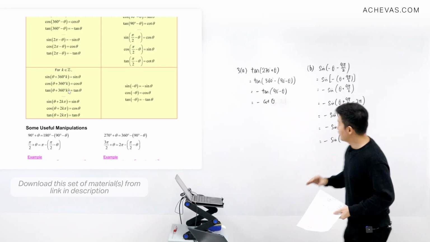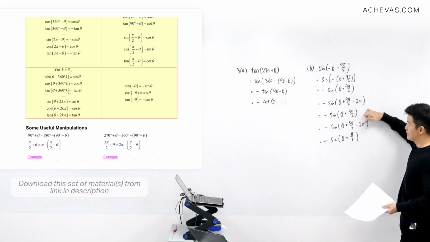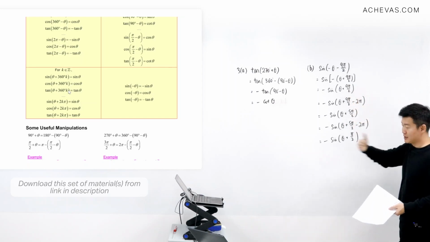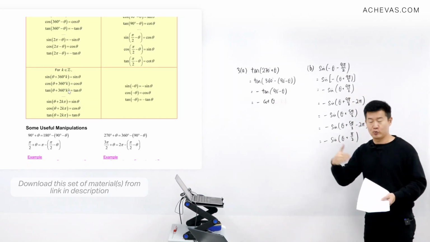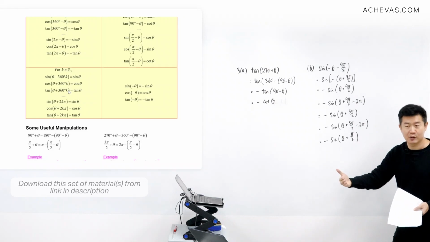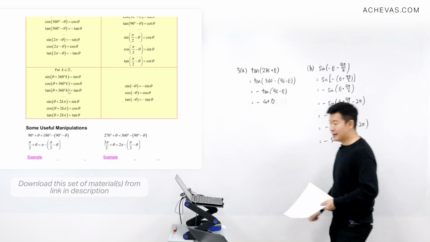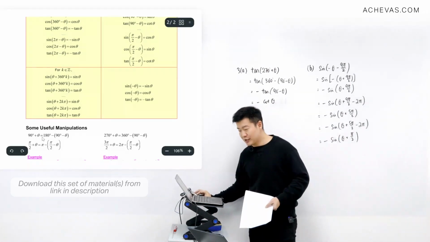Okay, that is my motivation of why I did this. I'm just trying to reduce this angle here to something between 0 and 2 pi, or between 0 and 360 degrees, since 2 pi is 360 degrees. And for this, I'm going to make use of another manipulation, and that manipulation is here.